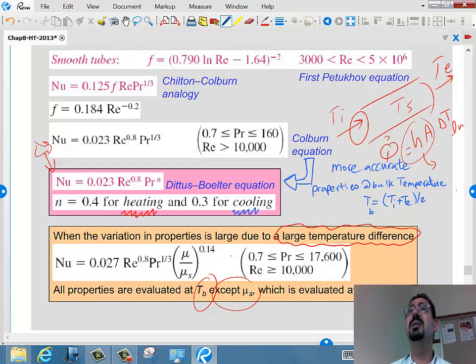And so that's why they say, for example, let's multiply by mu over mu s. And then they get this power and that coefficient from the experiment. Once they formulated what the key players are, they ran experiments with different pipes and different temperatures, always trying to measure the Nusselt number, and they correlated it with those key players in their mind, and they got the best power.